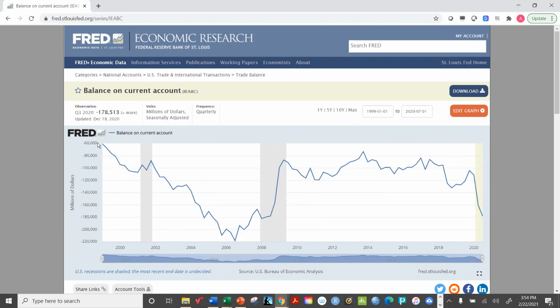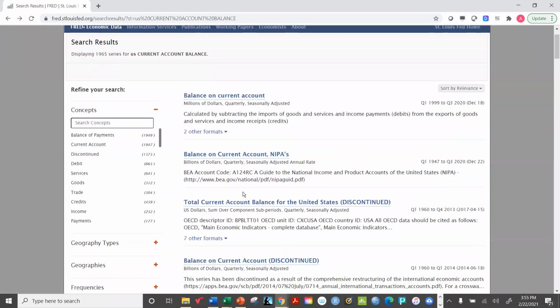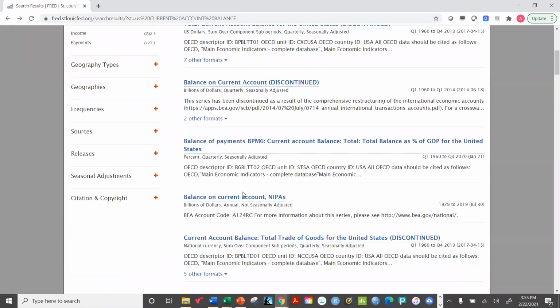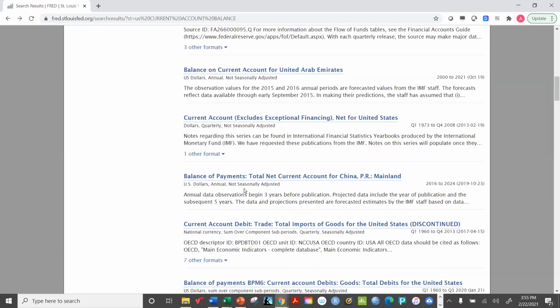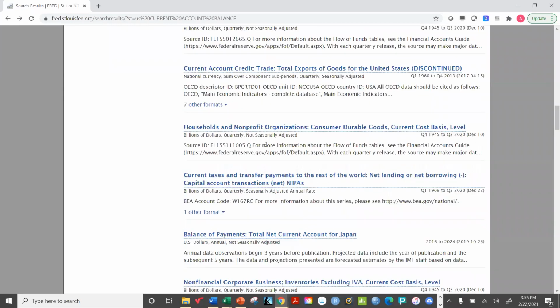I guess they figure we'll never have a positive current account ever again anyway, so why even bother? Okay, this would look even worse if it was annual, let me tell you. Hold on. Oh, no, why is this so hard to find? That's right, we can look at it later.